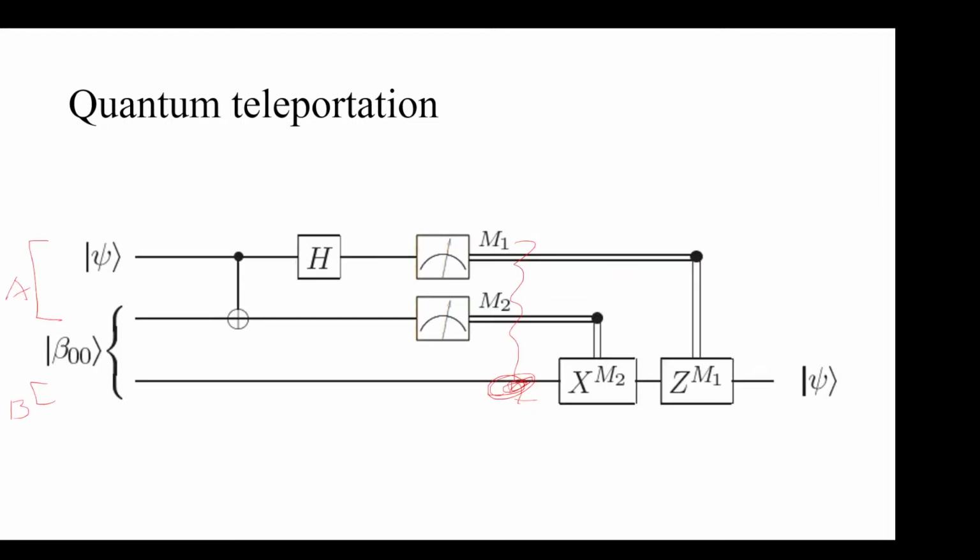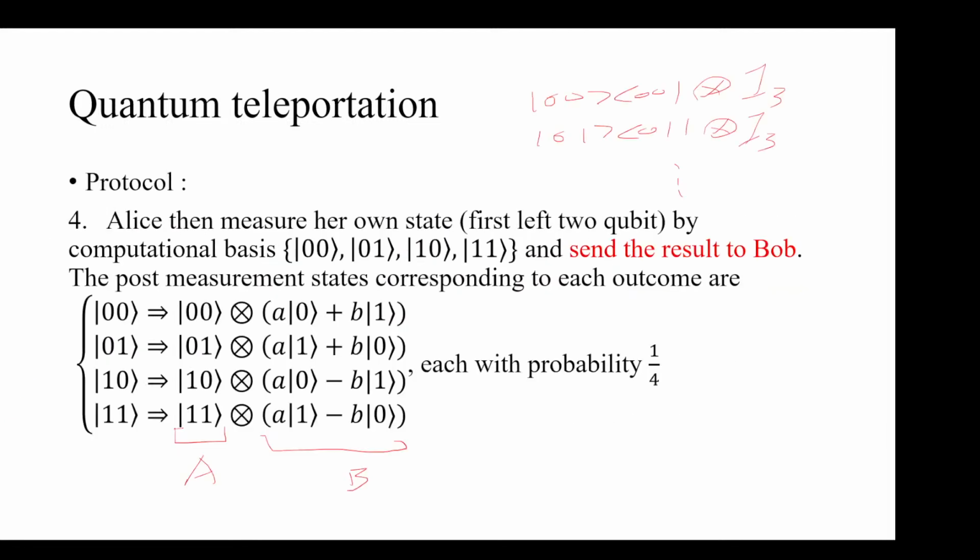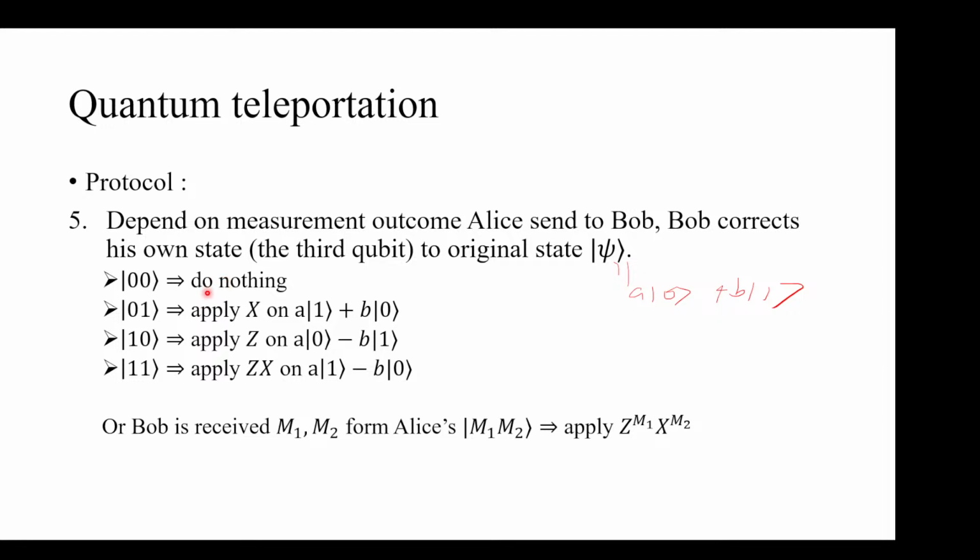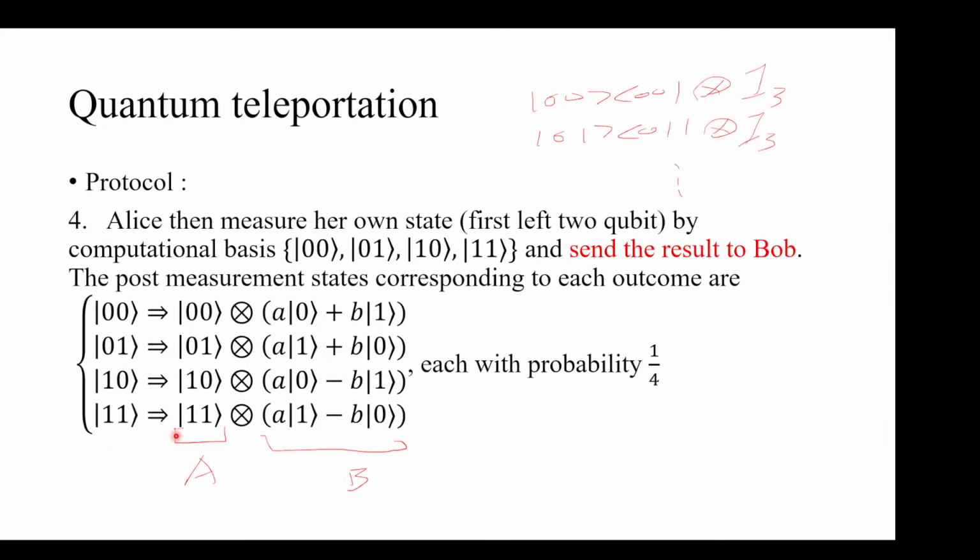Only when you combine the information can you do this correction and get your psi. Only when you both know the measurement outcome and you have the post-measurement state, or maybe this slide is better, only when you know both this one and this one, you can know psi. So psi is kind of living in this weird correlation between the measurement outcome and the post-measurement state.